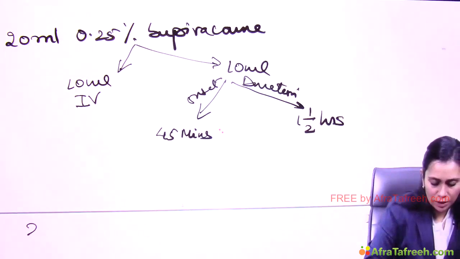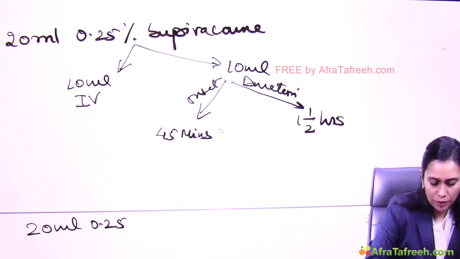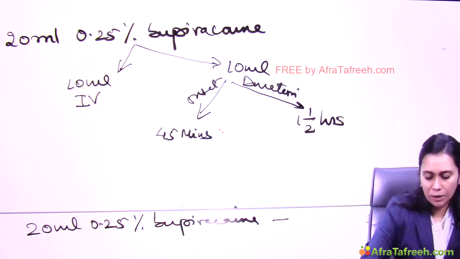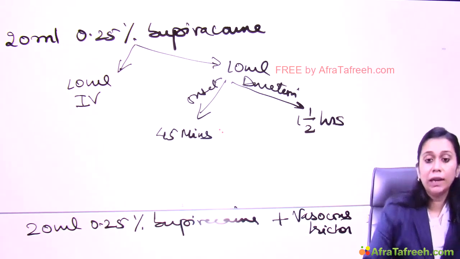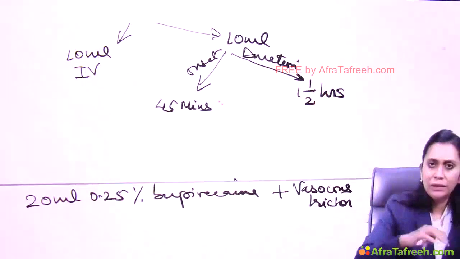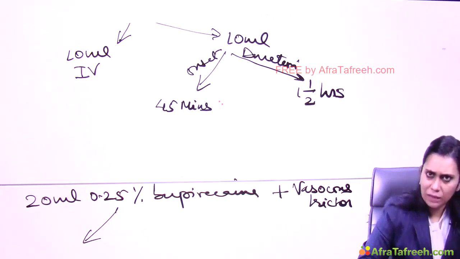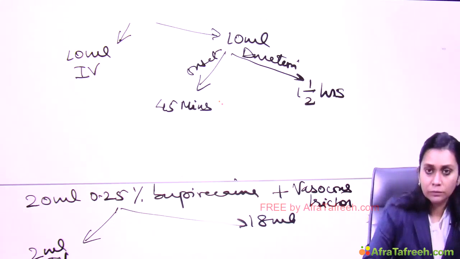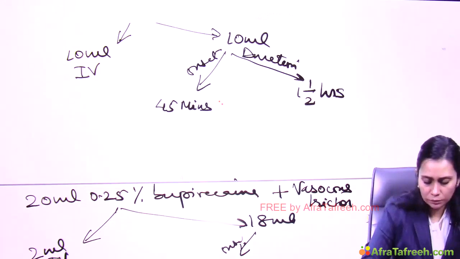But let's say with 20 ml 0.25% bupivacaine, I add something called a vasoconstrictor, like adrenaline, phenylephrine, any vasoconstrictor. What will happen? It will constrict the surrounding blood vessel. What will happen? Let's say 2 ml drug now intravascularly absorbed, 18 ml there for the action. Now the onset of block in 5 minutes and duration for 3 hours.